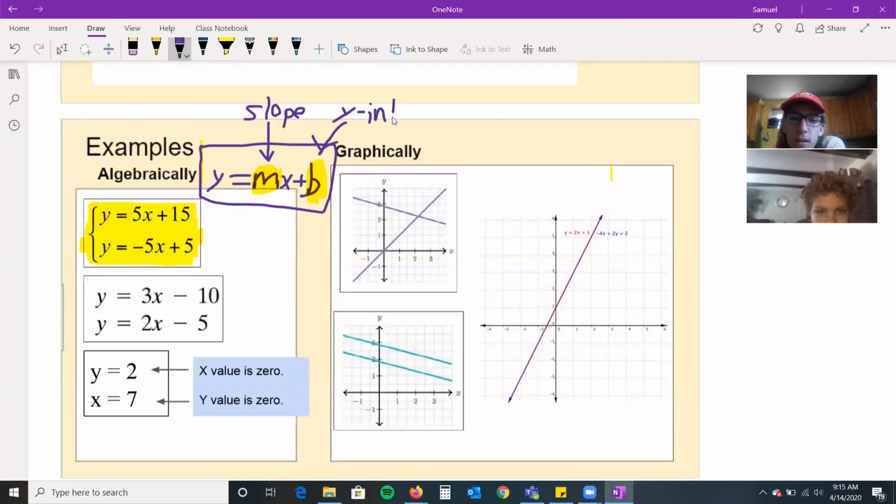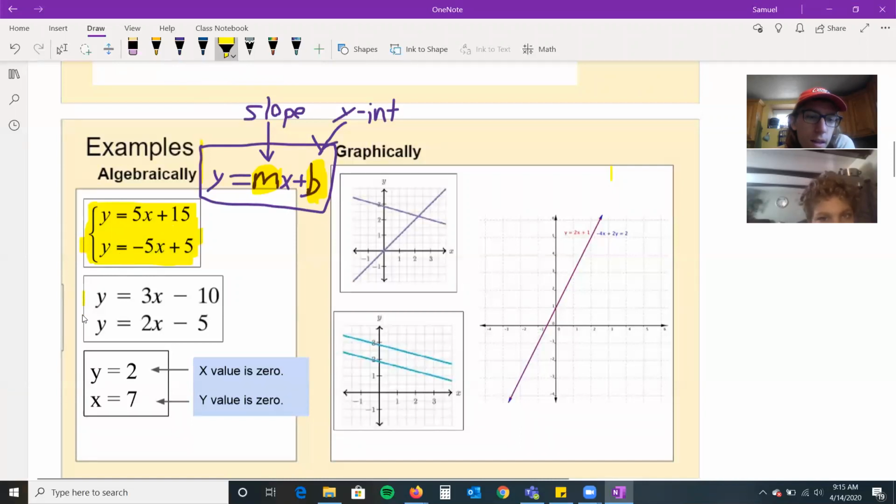There's another form called standard form, which goes kind of like ABC. And then there's point slope form, which would give you a point and a slope. So the names kind of tell you what they are. Slope-intercept form gives us our slope. Whatever comes in front of our x is always our slope, and whatever's on the tail end is our y-intercept. All right, so just remembering that as we move on.